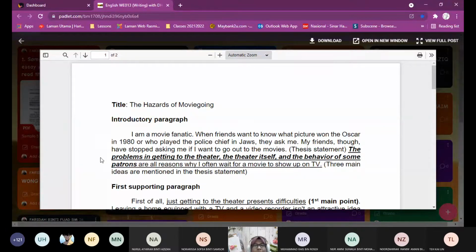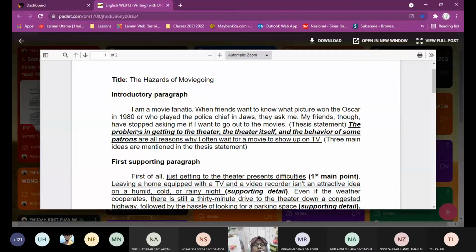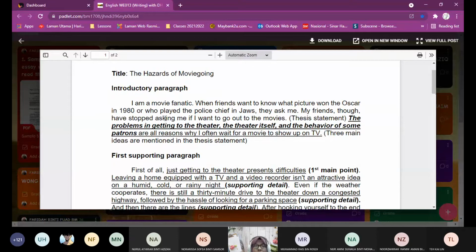The first paragraph is the introductory paragraph. Because this is a narrative essay, the writer starts by telling about himself or herself, about how he is a movie fanatic who likes movies and so on.